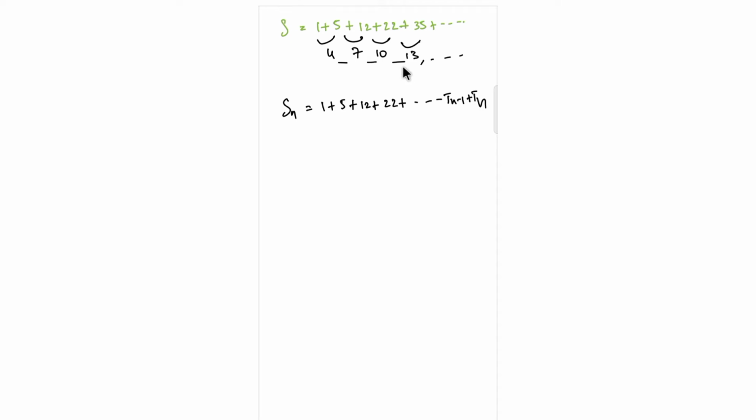Now what I'll do is shift these terms by one place to the right, one term to the right. I get 1 plus 5 plus 7 plus so on. Here I would be getting Tn minus 2, and here Tn minus 1, so Tn minus 2 plus Tn minus 1.